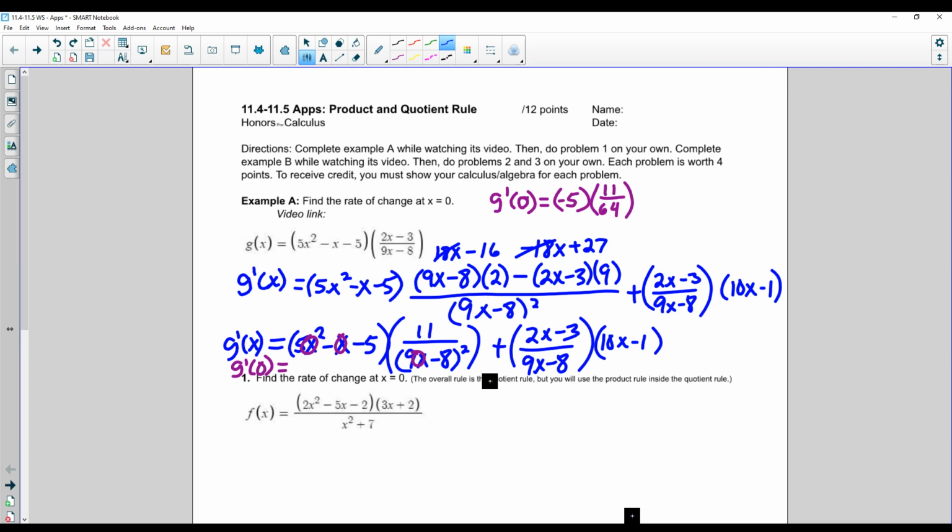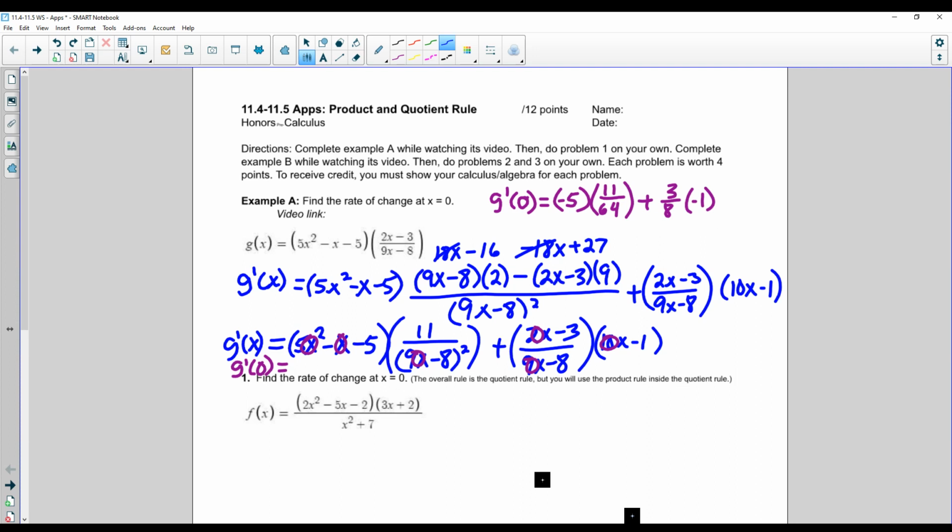And then I'm going to have a 0 here, a 0 there, because 2 times 0, 9 times 0. So I'm going to get a negative 3 over negative 8, so a plus 3/8. And then this will be 0, 10 times 0, and then I'll have a minus 1, which gives me just negative 1. So I'll have 3/8 times negative 1.